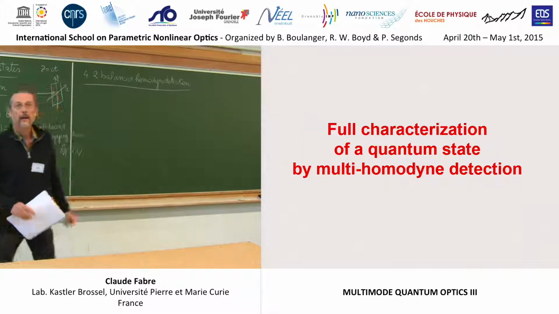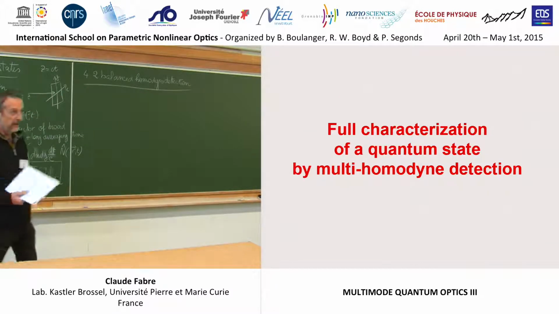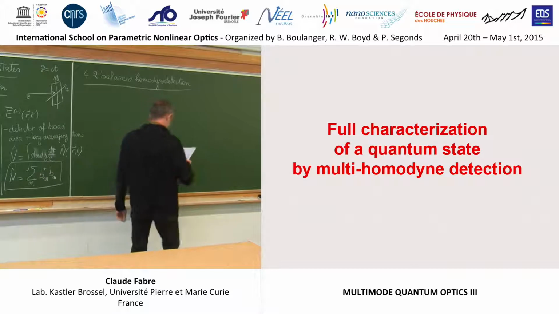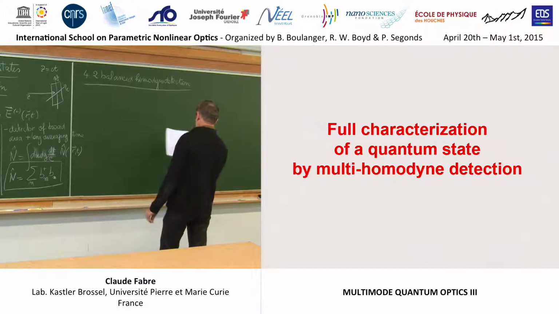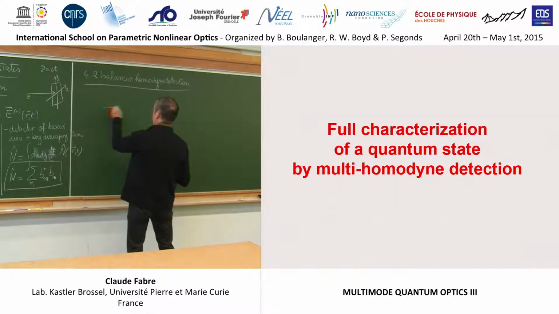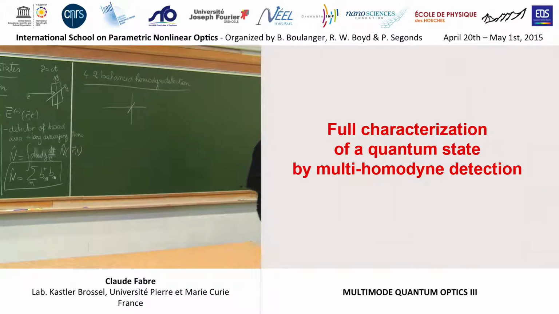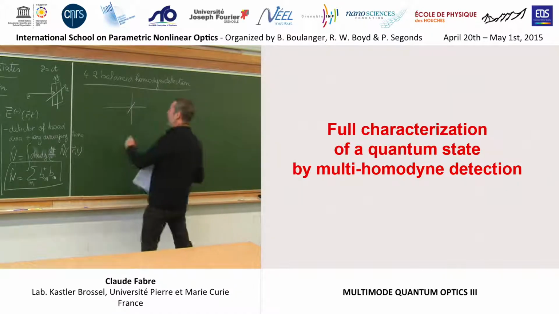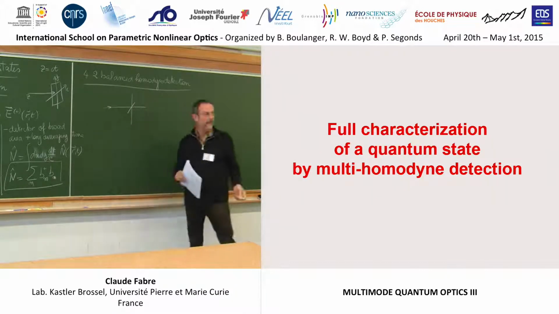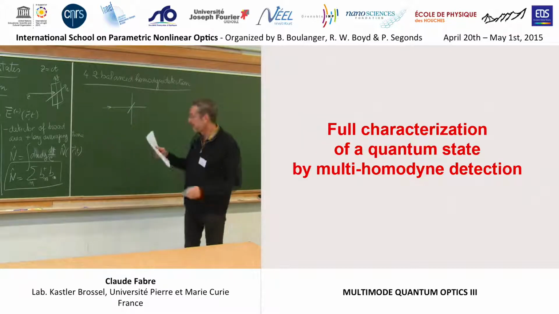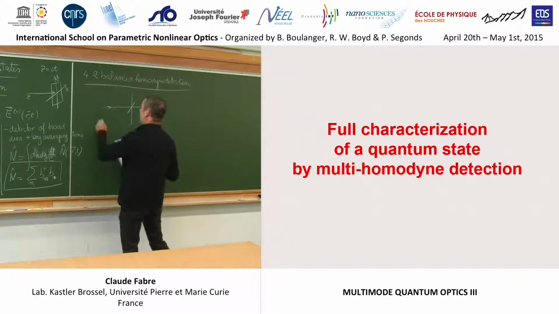Okay, so I think you already know this kind of trick, which is very useful and based on the beam splitter, a very important device in quantum optics. And so here I shine this multimode field, psi multimode.